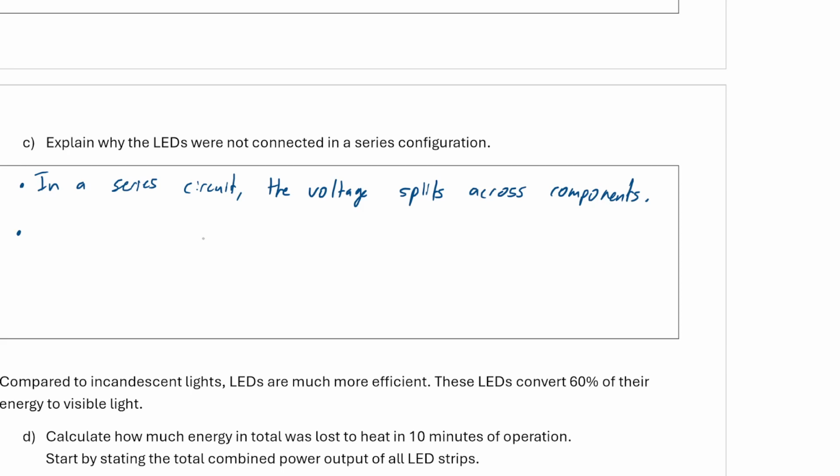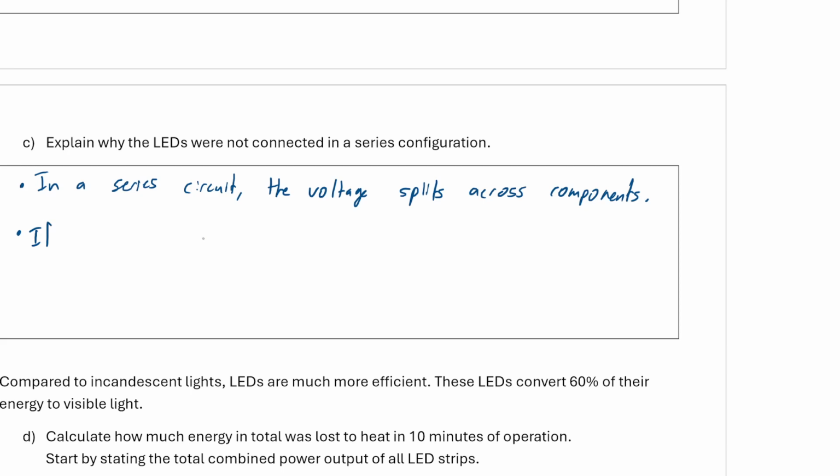Why else is a series circuit a bad idea? Well, if one of the LEDs blows, stops working, since there's only one pathway for current to flow, none of the other LEDs would work.